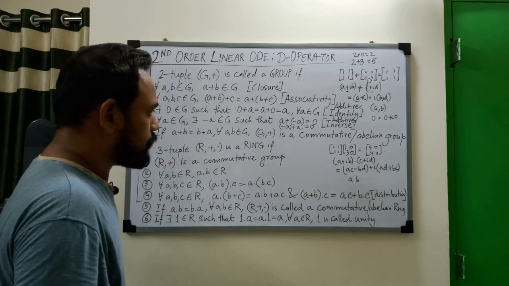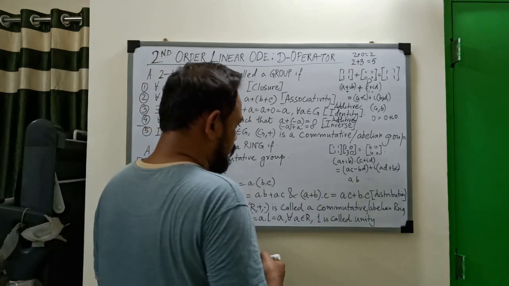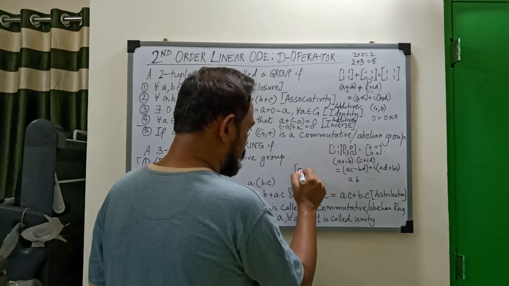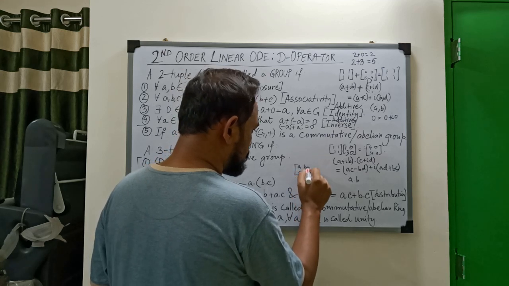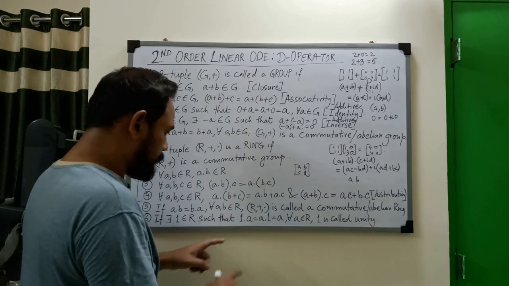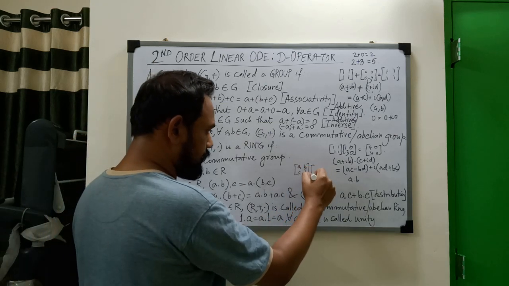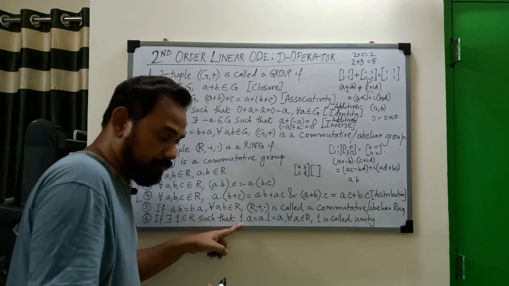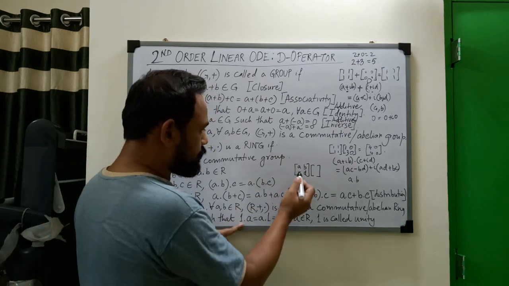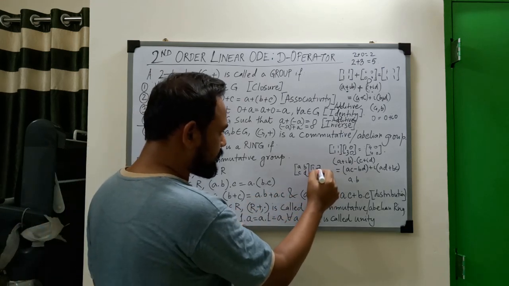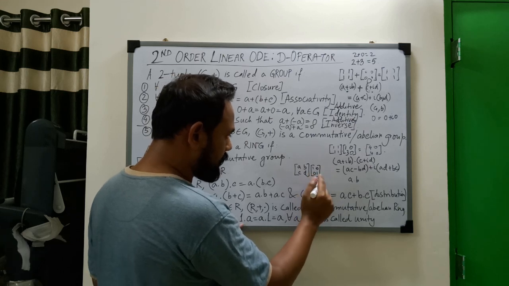I'm writing it as 1, but really it should not be thought of as the real number 1. Because for matrix multiplication, if you have a matrix A, B, C, D, the identity, in other words an element which would multiply this matrix and keep the matrix as it is, should be another matrix.